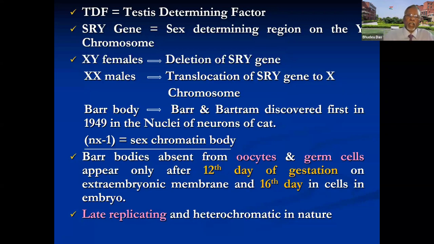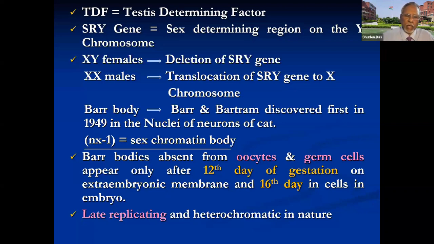Barr body is also an indication of how many X chromosomes there are. Barr and Bertram first discovered this in 1949 in the nuclei of the neurons of cats. The formula is N X minus 1, that is the sex chromatin body.